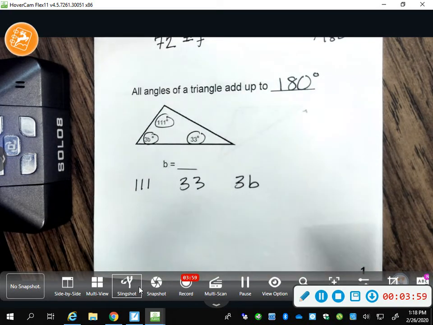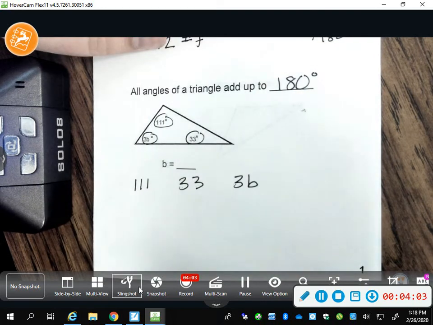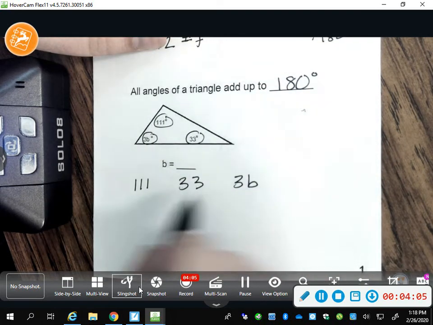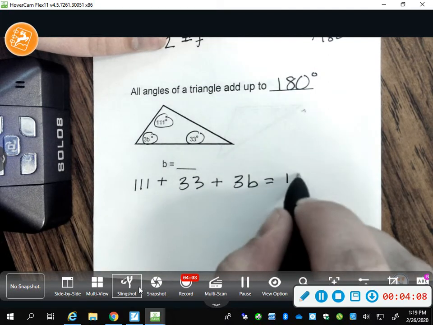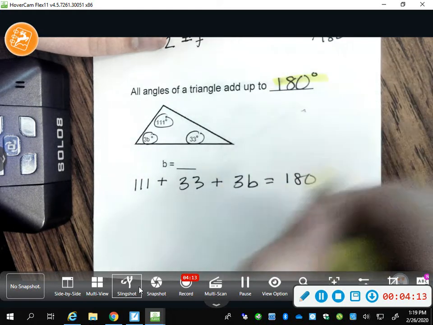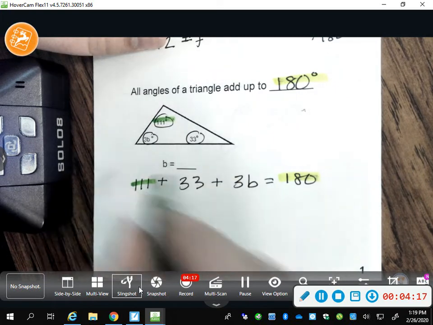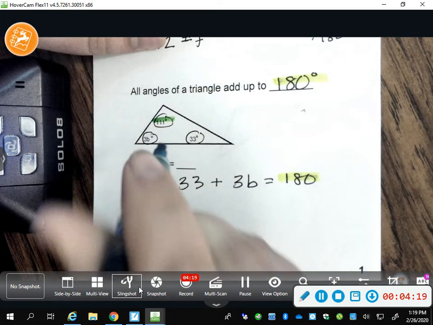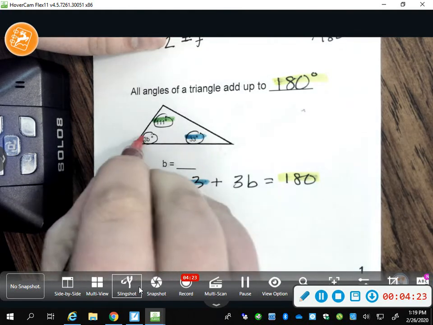That means they're inside of the triangle. They add up to be 180 degrees. So I know all of them added together is equal to 180. 180 is the same as 111 plus 33 plus 3B.